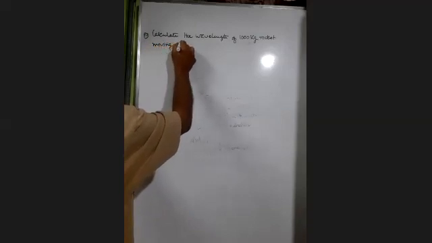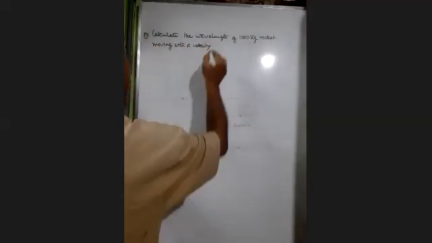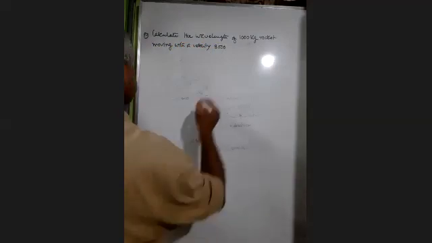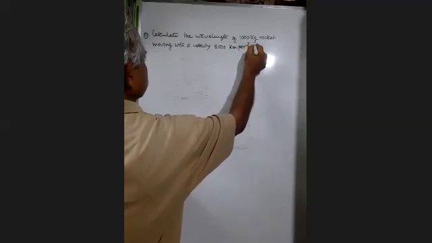Hundred kg rocket. Calculate the wavelength of a 100 kg rocket moving with a velocity of 3000 km per hour.